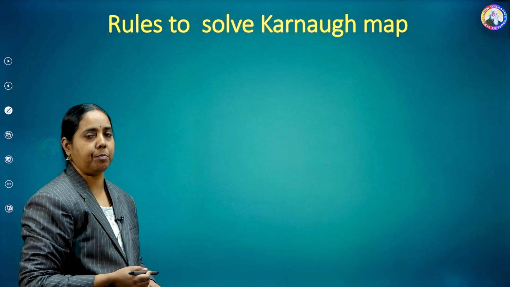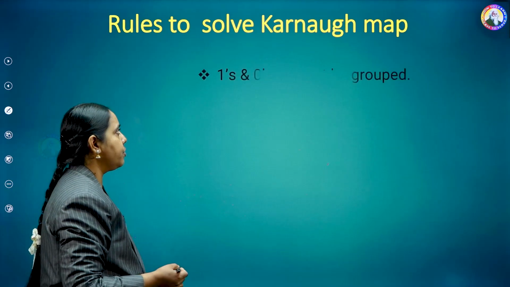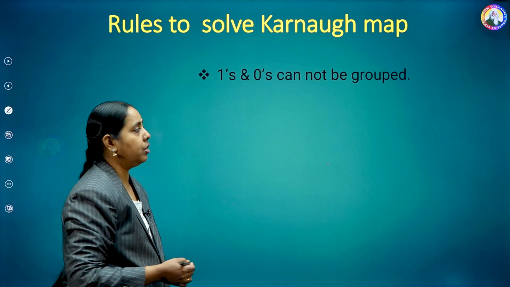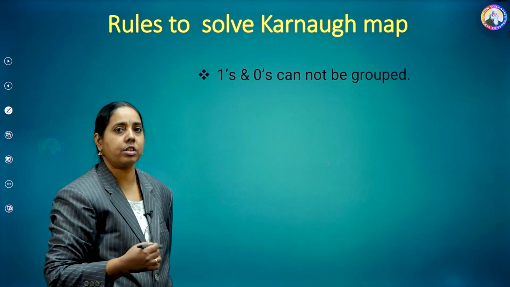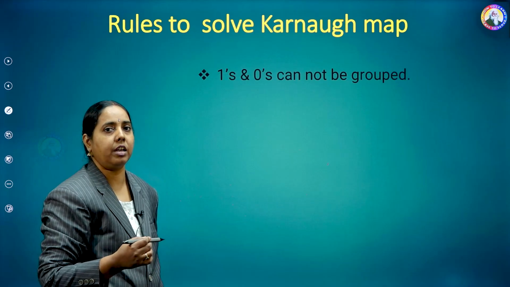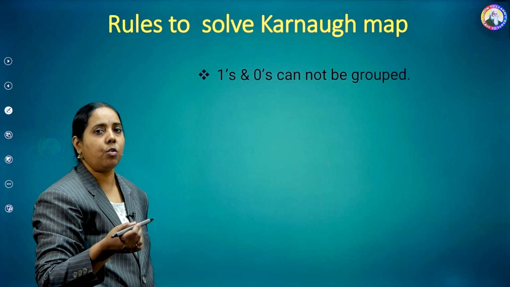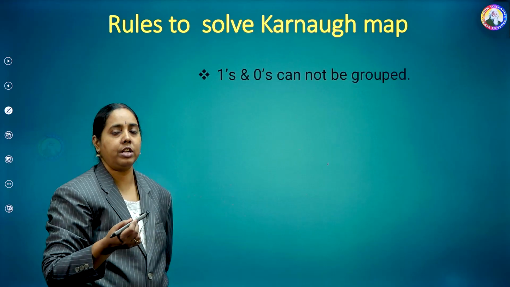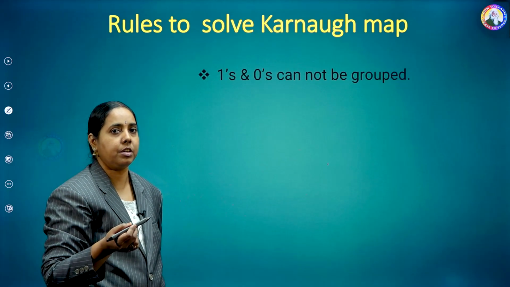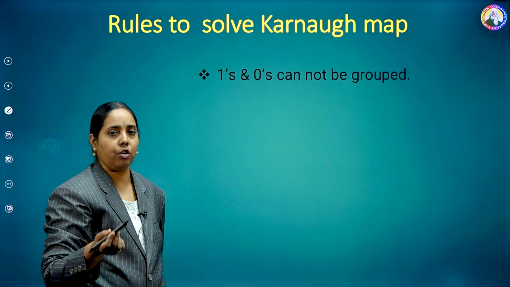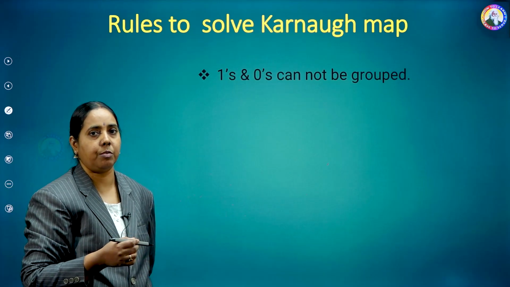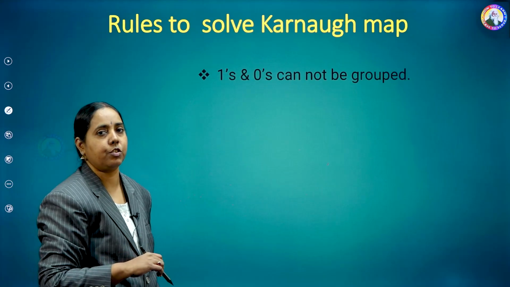What are the rules we need to follow to solve a K-map? Coming to the first rule: we should not group ones and zeros combinedly. We should group either only ones or only zeros. SOP is sum of products, and POS is product of sums, which we covered in the last video regarding canonical representations.